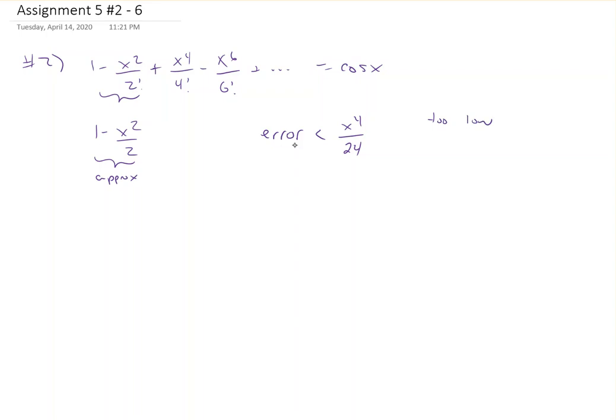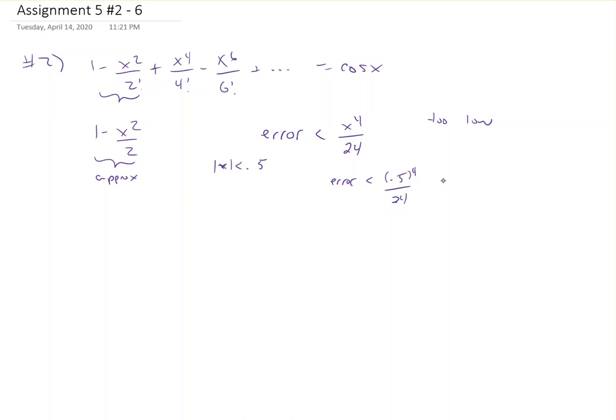Well, what is this magnitude? Well, it depends what our x is. If we say that's estimated at 0.01, we'd plug in 0.01 here. They said, what happens if the absolute value of x is less than 0.5? So if that's the largest possible value of x, 0.5, if you plugged it in here, the error has to be less than 0.5 to the fourth over 24, which, let me get my calculator out, 0.25 squared.